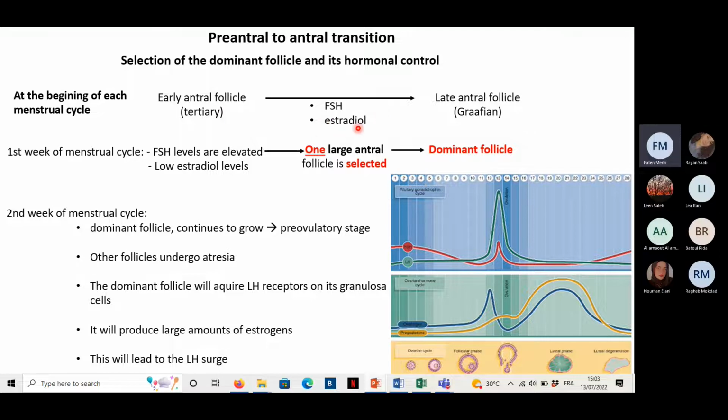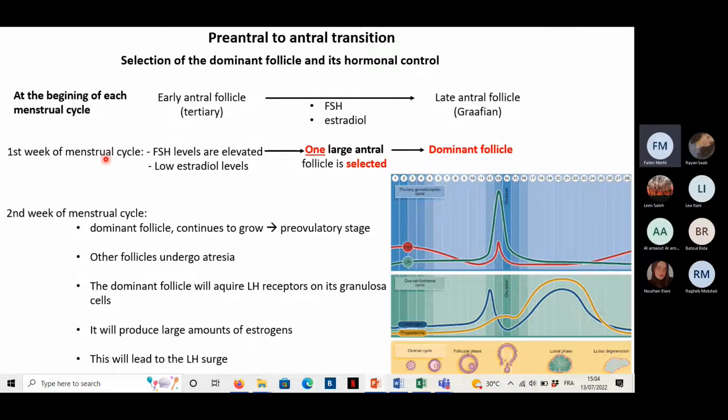And estradiol can also help in the development of the follicles, but also will regulate the FSH levels, because first of all, when secreted at low levels, it has a negative feedback on FSH production. Then later on, when produced in large quantities, it has a positive feedback on the hypothalamus and the anterior pituitary gland, which will lead to a peak of LH and FSH.